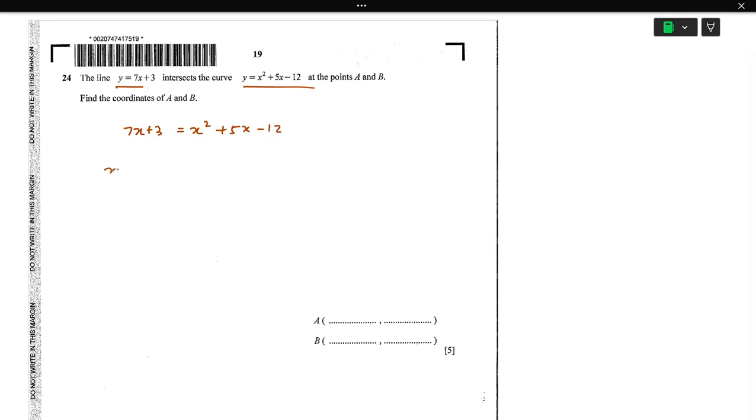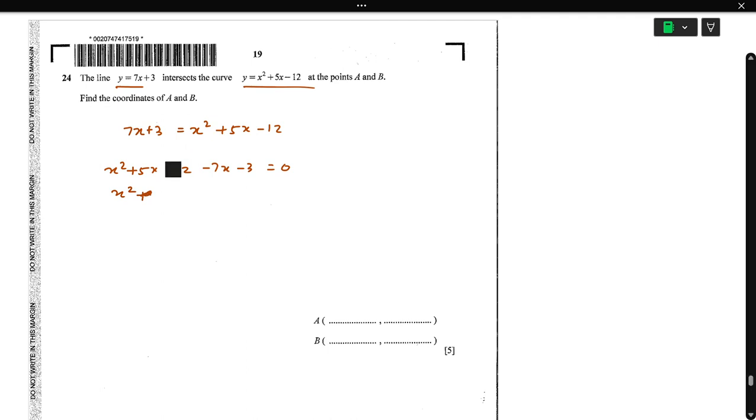I'll bring everything to one side, which is x square plus 5x minus 12 minus 7x minus 3 equal to 0. So 5x minus 7x is going to be minus 2x, and minus 12 minus 3 is minus 15, equal to 0. Now I'll factorize.